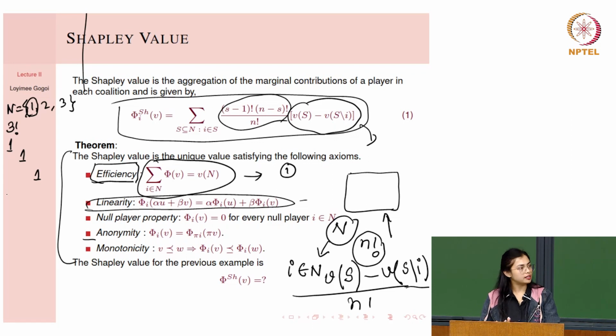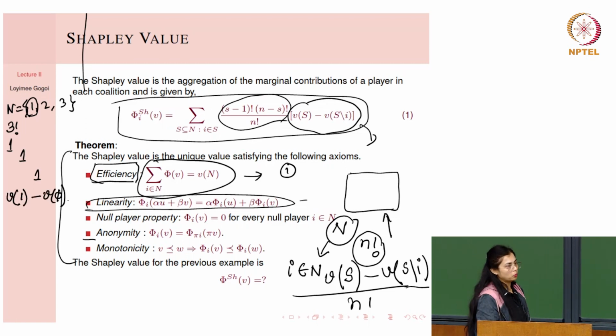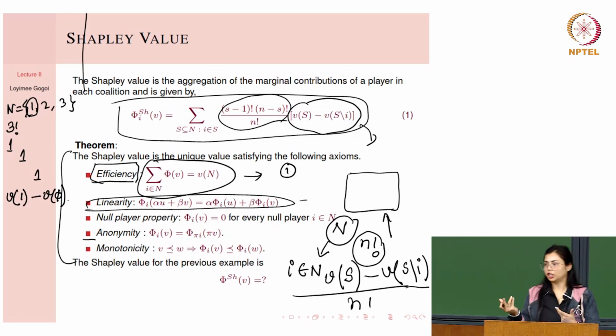When he is first in the queue, the whole room is empty, that means the empty coalition, right? So his marginal contribution is his individual worth minus 0.